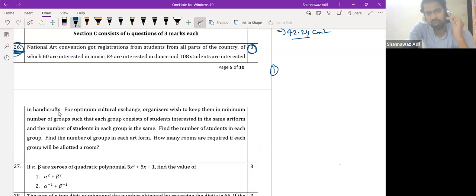This question from the first chapter is very important. They can change the numbers in a different way, but the question will be the same. So what should we calculate in this question?